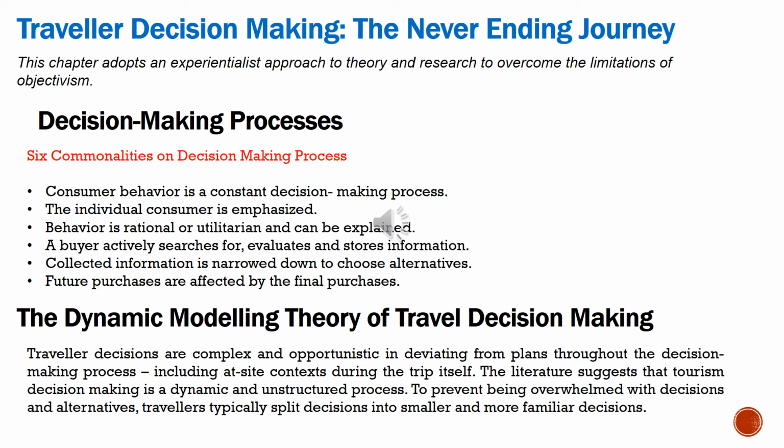And that collected information is narrowed down to choose alternatives. Okay? So, this is where, for example, I want to go to Resort A. If Resort A is not okay or is fully booked, I have Resort B. If Resort B is also fully booked, I have Resort C. But you should remember those destinations are of the same theme. They offer the same things.